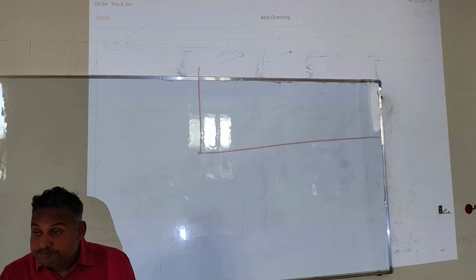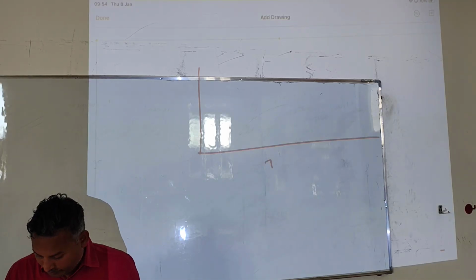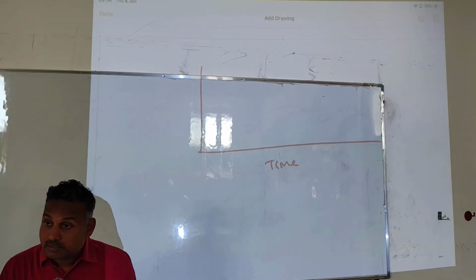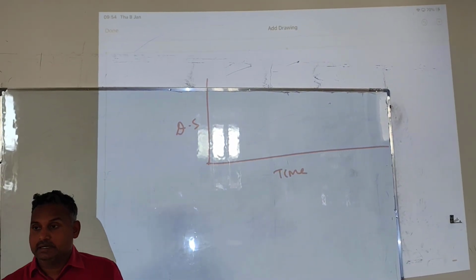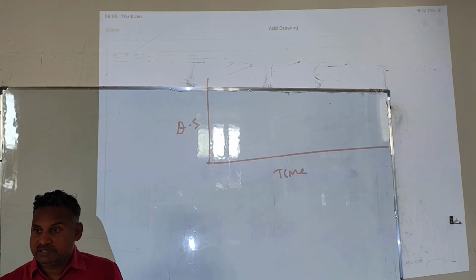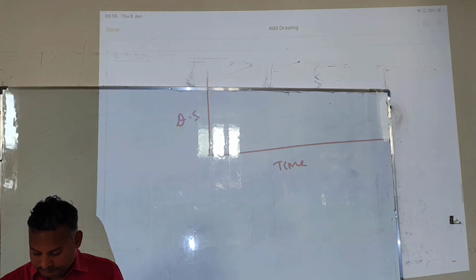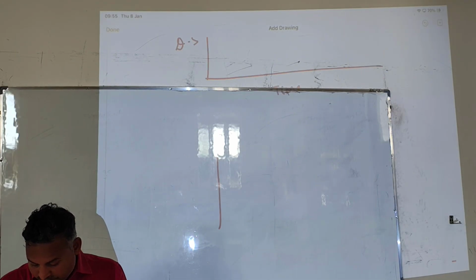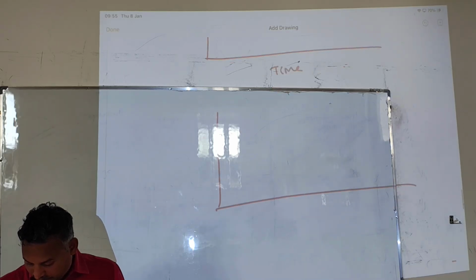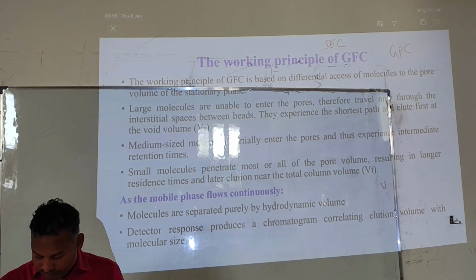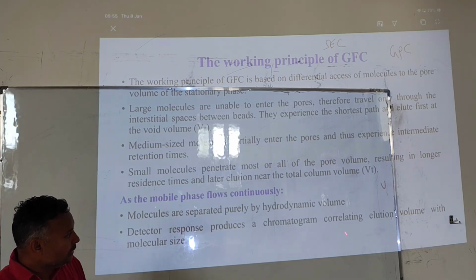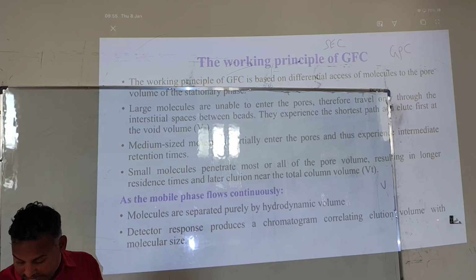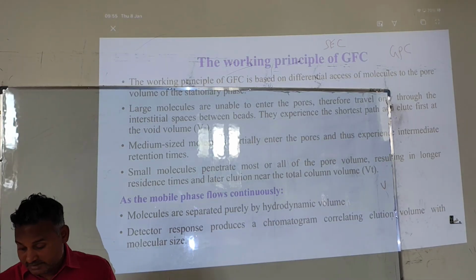A normal chromatogram is time versus detector signal. When it comes to gel permeation chromatography, you can see the detector response produces a chromatogram correlating what? Elution volume with molecular size.